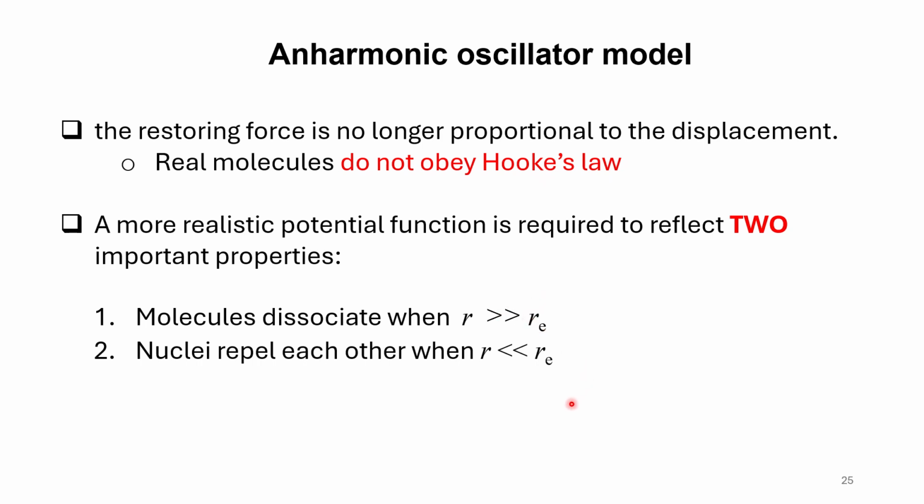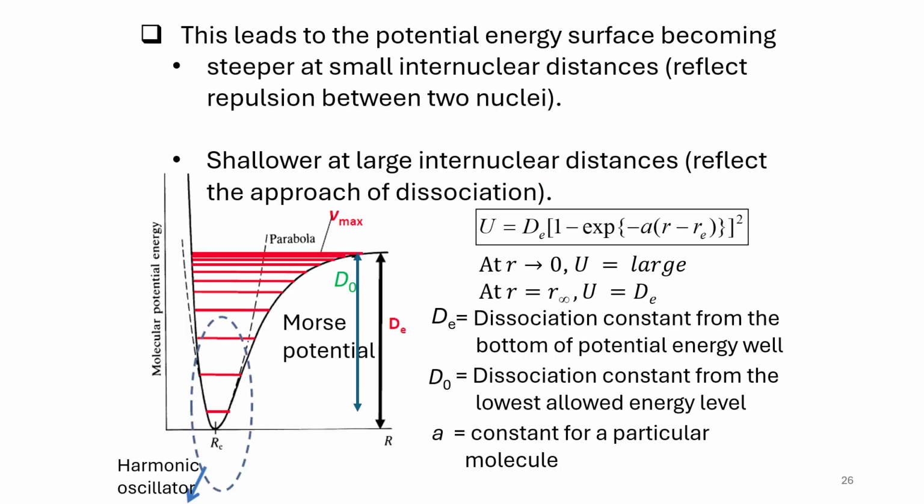And second, the nuclei will repel each other when the atoms come very close to each other, which means that R, the distance between the two atoms, is much smaller than R equilibrium. A more realistic potential function, the Morse potential energy curve, is used.